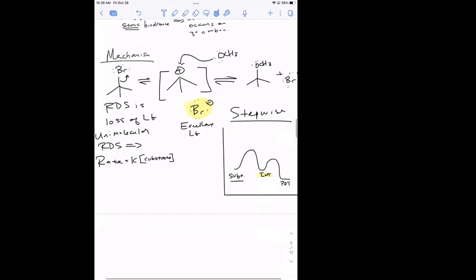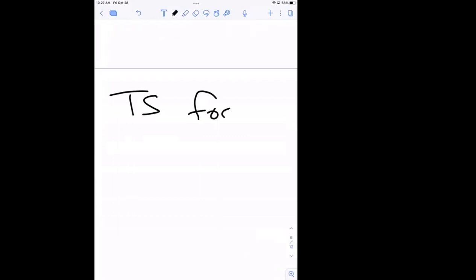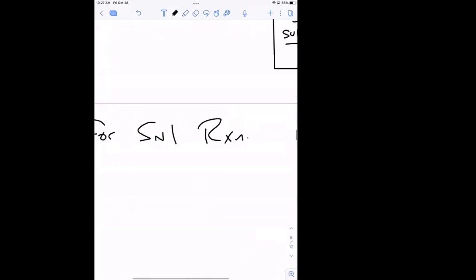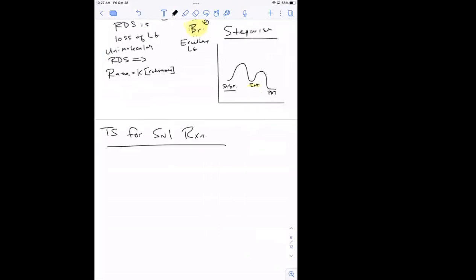So let's think about that in terms of the transition state for the SN1. What do you think it looks like? Only for the rate determining step, because this is going to have 2 transition states, but I don't care about the other. What does the transition state look like for the rate determining step, which is the loss of the leaving group? I'm going to draw that.